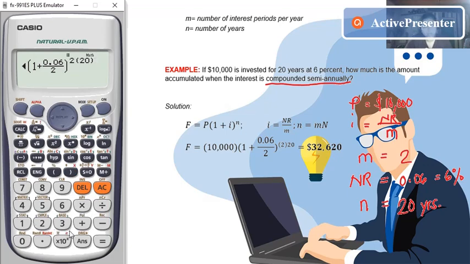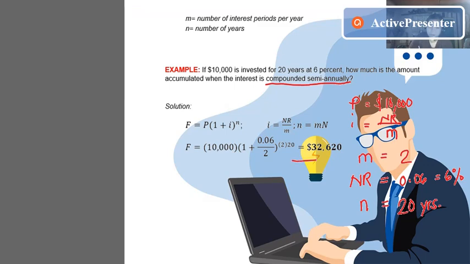So, our future amount will be 32,620.38 or approximately 32,620 US dollars. So, we have here our final answer.